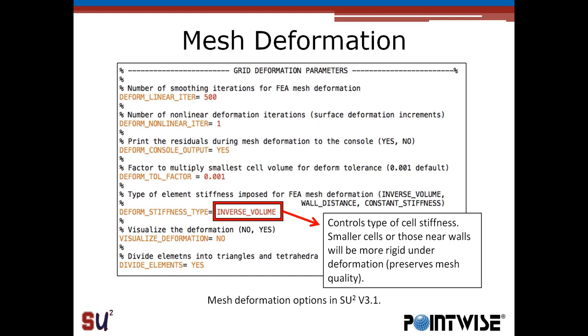We basically want those cells to move rigidly under deformation to keep high quality, maybe in your boundary layer, for instance. We can also use wall distance similarly. So if you have tight spacing near the wall, those cells will also have a high stiffness, which will deform more rigidly, and that will also help maintain high quality near the wall.